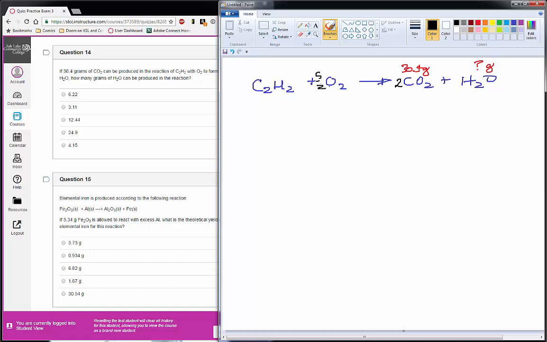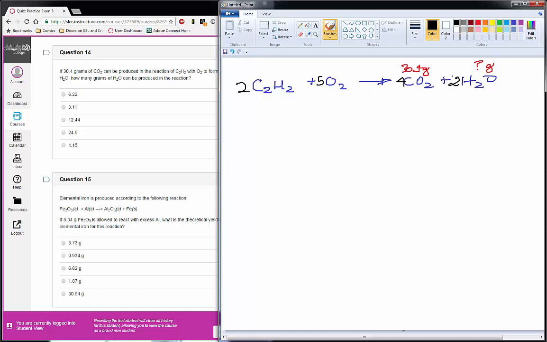So this is going to be 2, 5, 4, and 2. And I can verify 2 times 2 is 4 carbons, 4 carbons. 2 times 2 is 4 hydrogens, 4 hydrogens. And now I have 10 oxygen atoms on the left. That's 8 plus 2, so I did that right. Okay, so I've got the balanced equation.